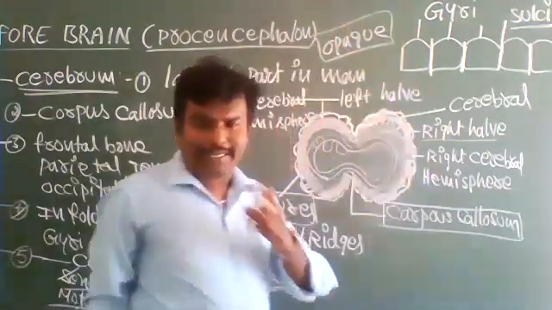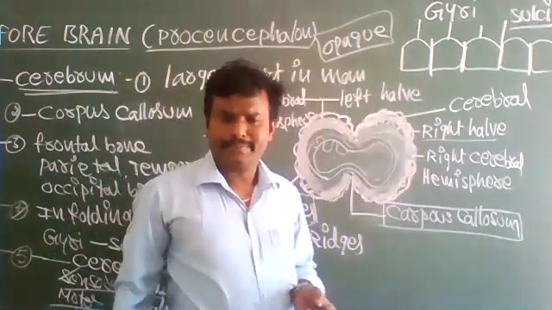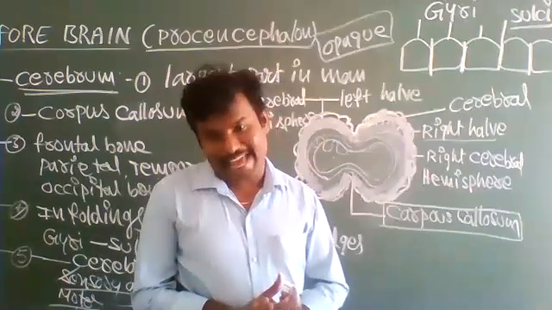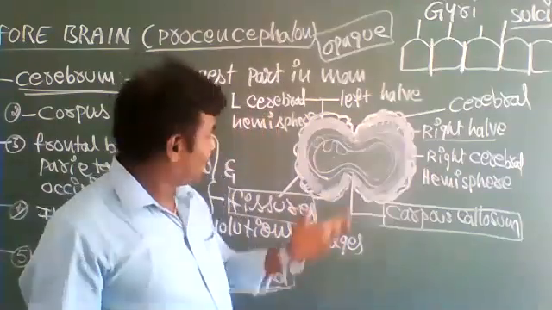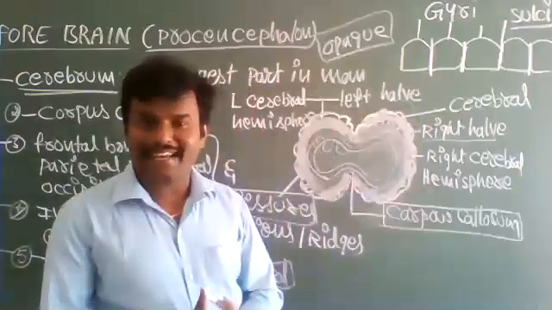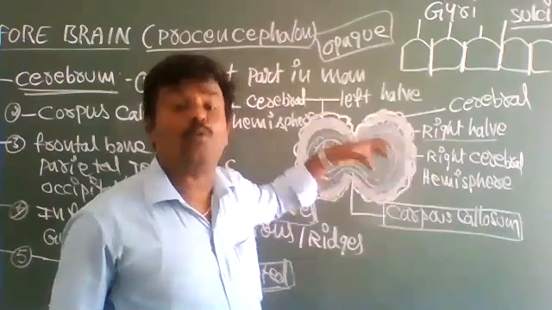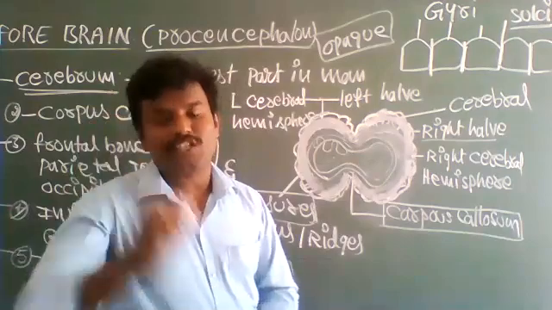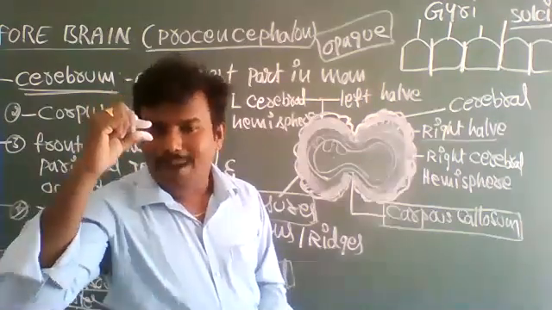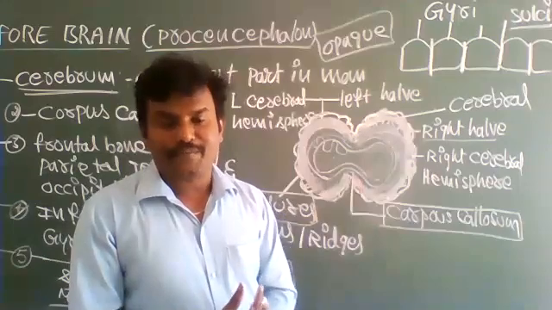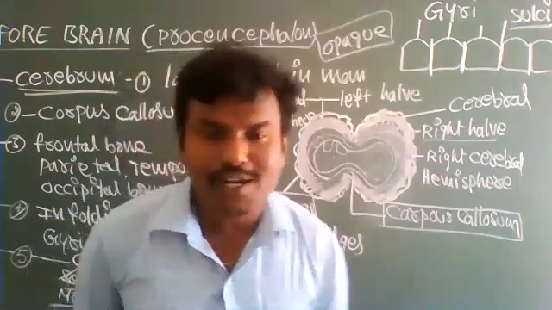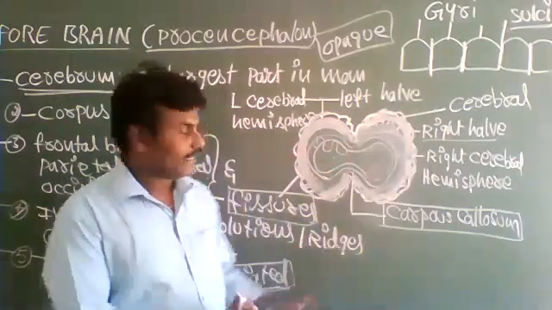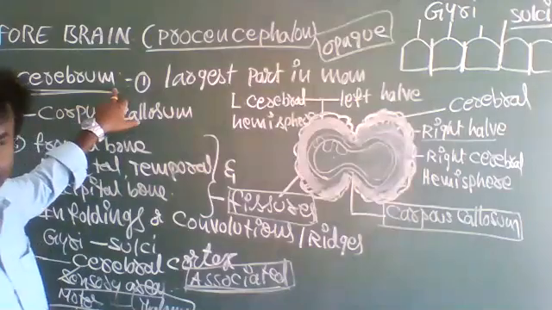Opaque means not transparent. It is visible as white due to the presence of myelinated axons. So the outer surface of the brain looks gray, and the deeper part looks white. It seems white due to the fatty insulating sheath, called the myelin sheath, covering the axons. Okay, this is the explanation about the cerebrum.